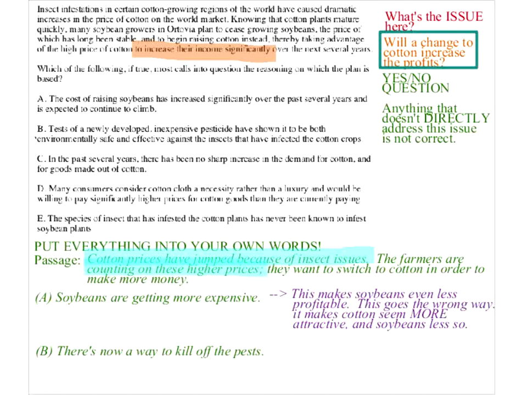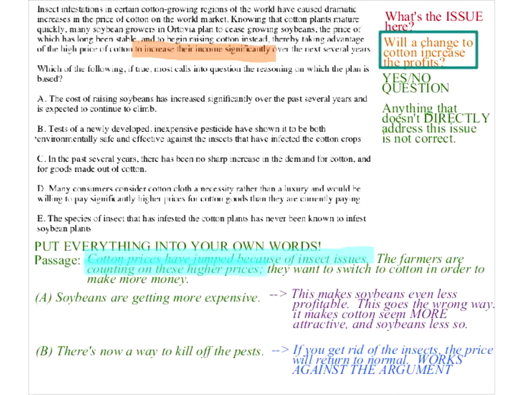So the farmers are counting on the higher prices, but if you get rid of the insects, then there's no reason why the price would stay high. The price will return to normal. So this does work against the argument, because the farmers need these insects to keep infesting the cotton plants, because otherwise the prices will not stay high.